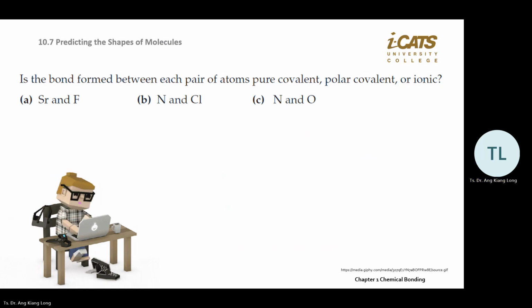So Sr, according to the diagram in question 77, Sr is what? 1.0, sorry, 1.0, and then F is the highest, 4. So the difference will be 3, right?